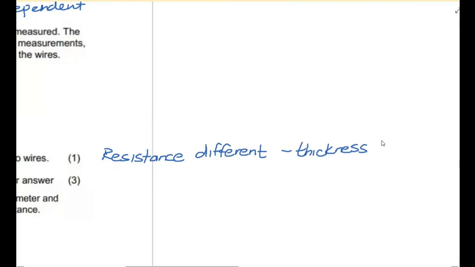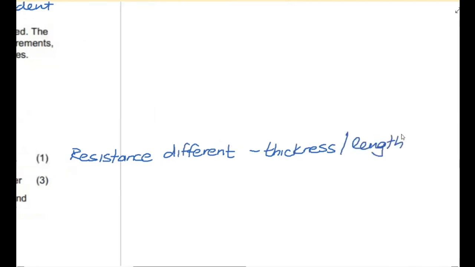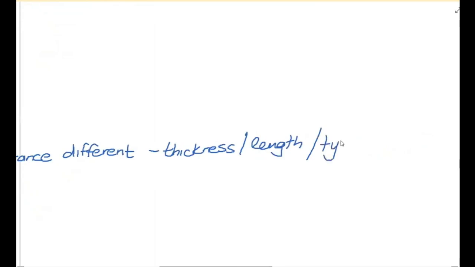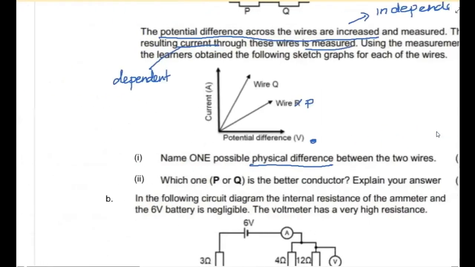But when I make up the circuit, how can I change the actual wire? The type of material, very good. And there's one more. I can make it longer or shorter. Good. So it's thickness, length, and type of material. Any of those would be possible things I can change to change the resistance in that circuit.